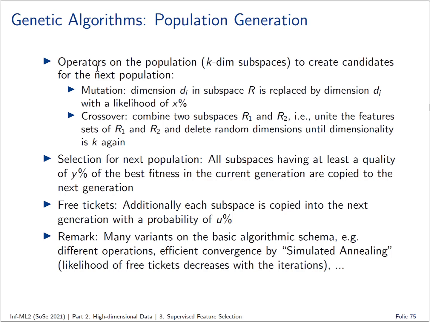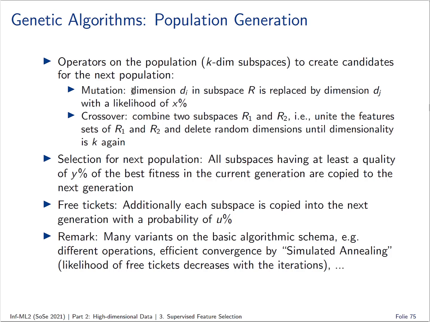We have specific operators on the current population, which consists of k-dimensional subspace candidates, to generate new candidates for the next population, so new k-dimensional subspaces. There are two basic operations. Sometimes we have others, but the basic genetic algorithmic schema has mutation.